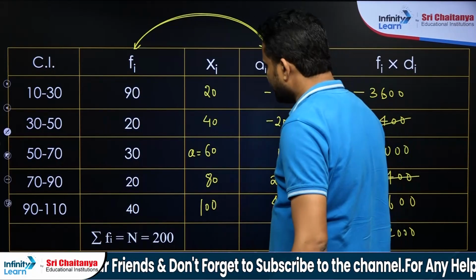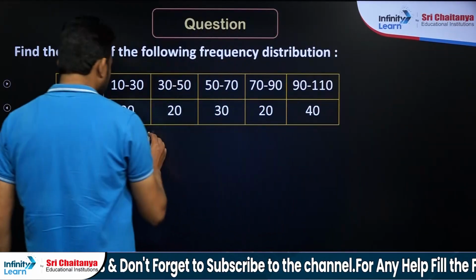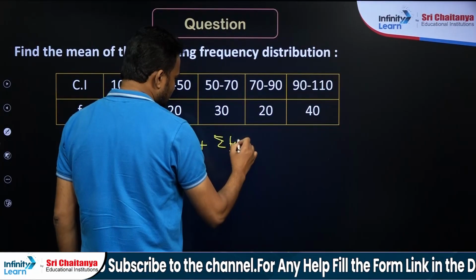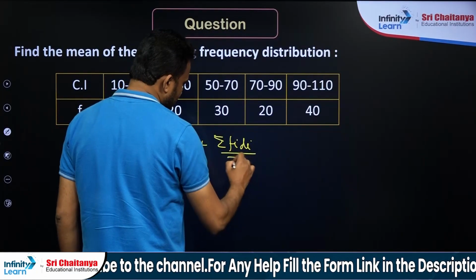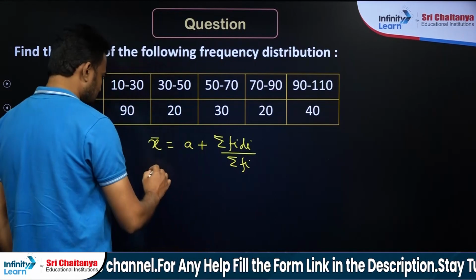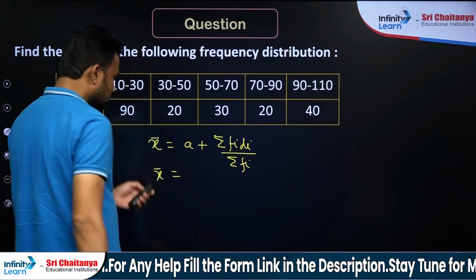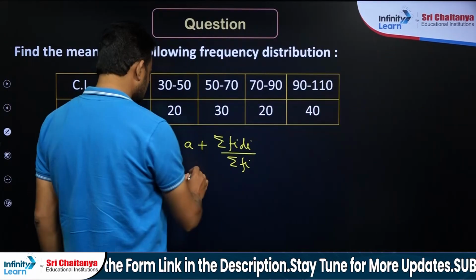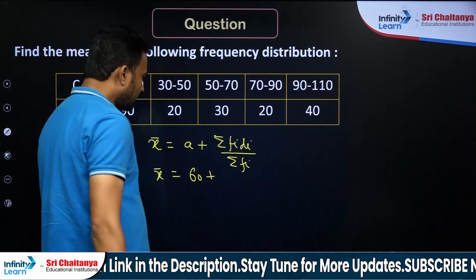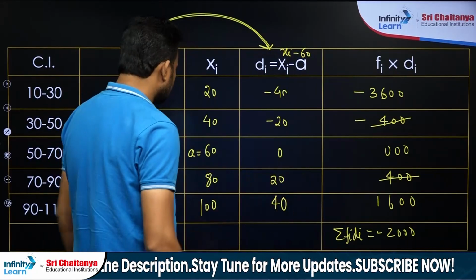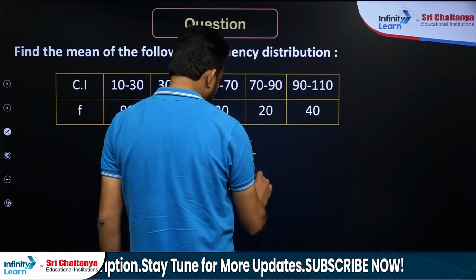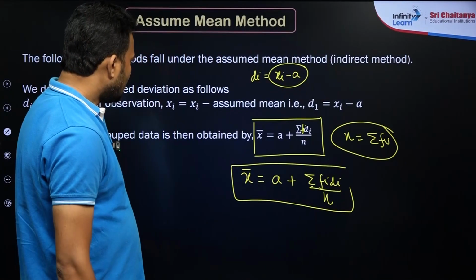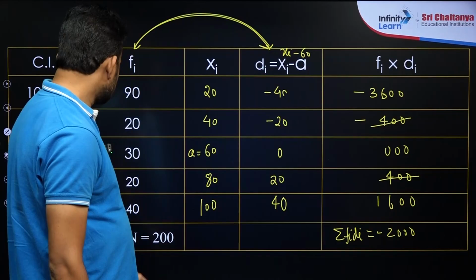Now let us put the values in the formula. What is the formula in the assumed mean method? a plus summation of fidi divided by summation of fi, which is also called n. The assumed mean is 60, plus summation of fidi is minus 2000, divided by n, the sum of observations, which is 200.